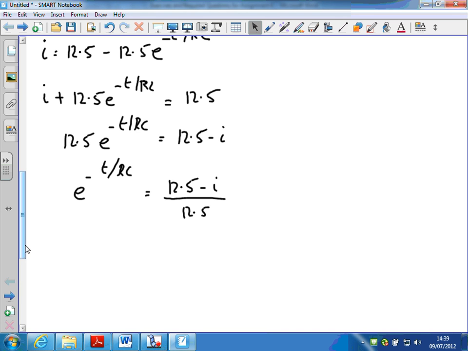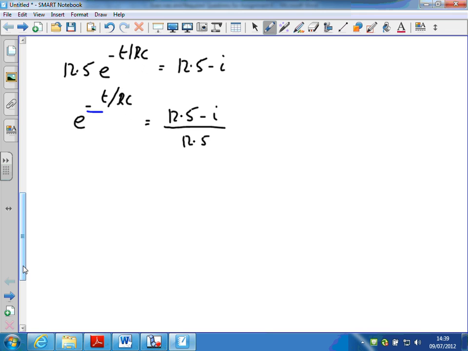Using the fact that the negative power means it's the inverse, we get 1 over e to the t over RC equals 12.5 minus I over 12.5, which means we can now invert these two fractions.